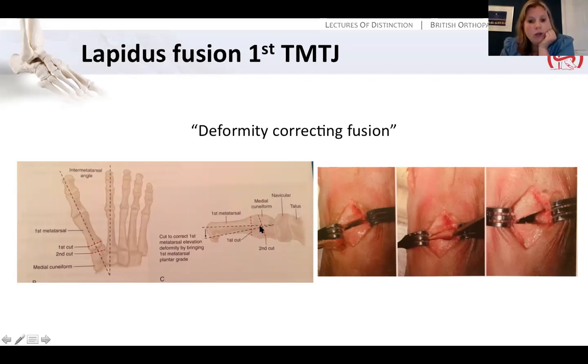So this is actually a really good point here to talk about too, that when you're doing midfoot fusions, you have to remember how deep the bones are in that midfoot. So they're a good 20 to 22 millimeters, sometimes a bit longer.